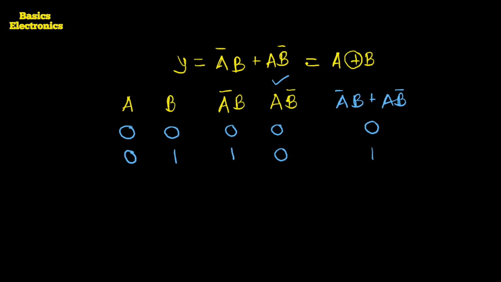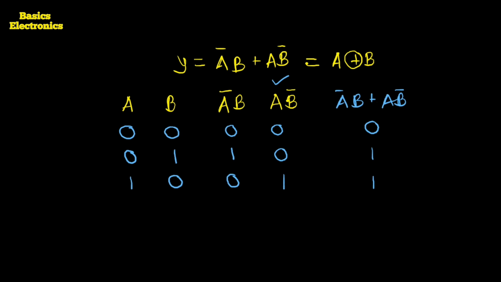Now A is equals to 1 and B is equals to 0. Then the output we get here at A bar B is equals to 0 and A B bar is equals to 1. The final output we get, A bar B plus A B bar, or A XOR B, is equals to 1.